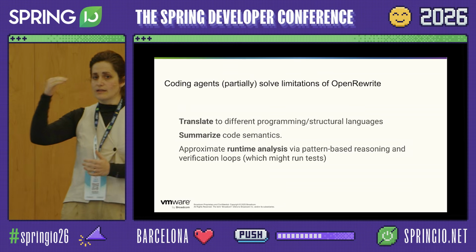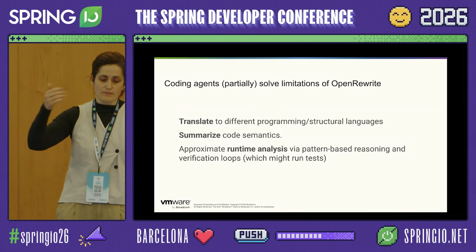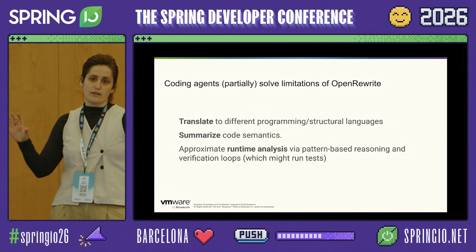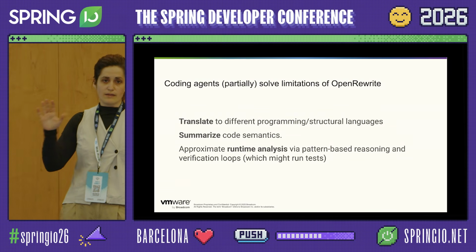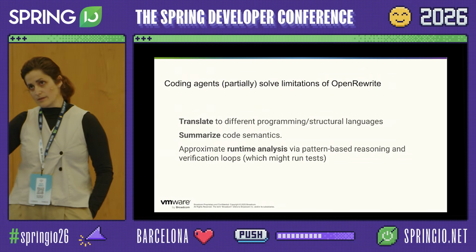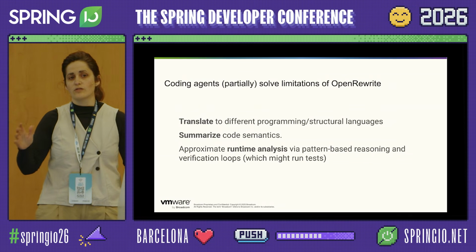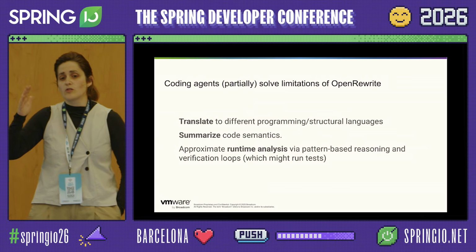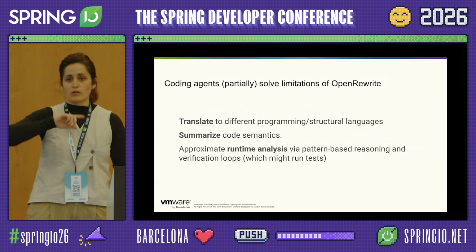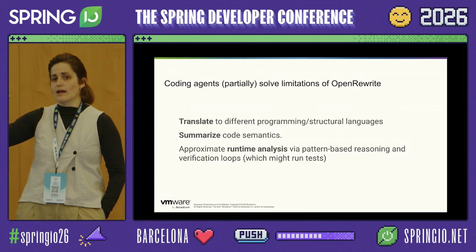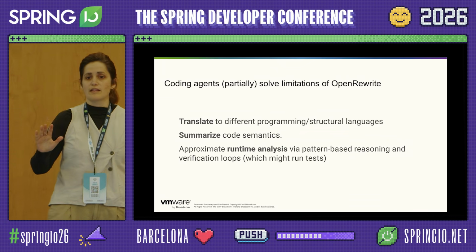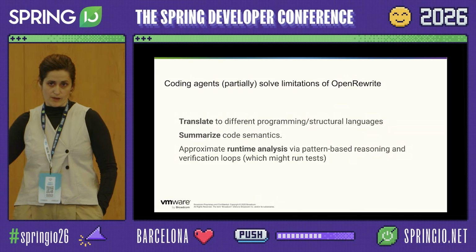It was annotating or resolving all the types of the code base. Coding agents do not have this capability. It might look like it, but they don't by default. In the last coding agent versions, in some of them, you can configure the language server protocol to connect to the IDE or the compiler and obtain that information. But this is not something that is provided by default in many of them.